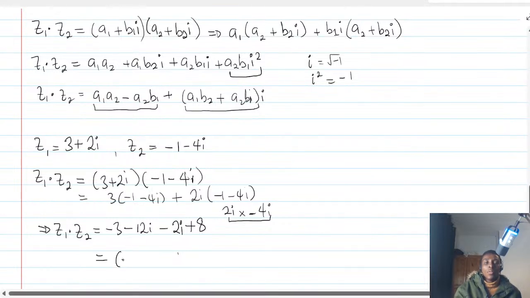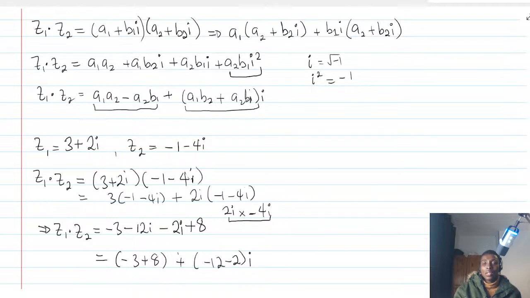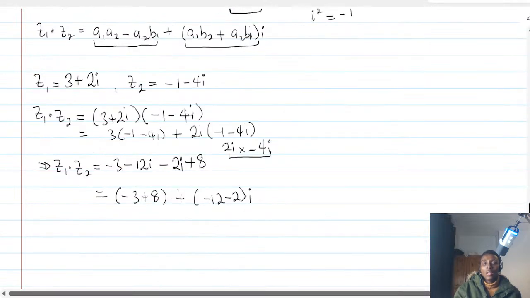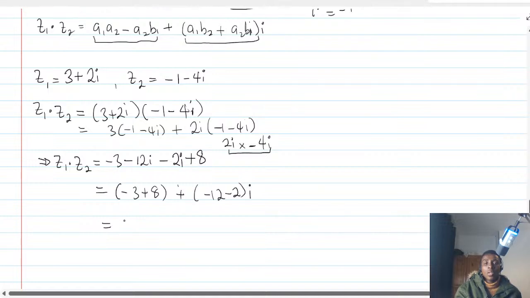So it's going to be minus 3 plus 8 plus minus 12 minus 2i. And then what is that? So minus 3 plus 8 is going to give us 5.